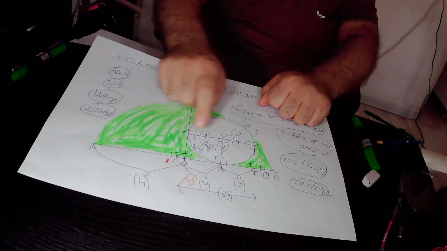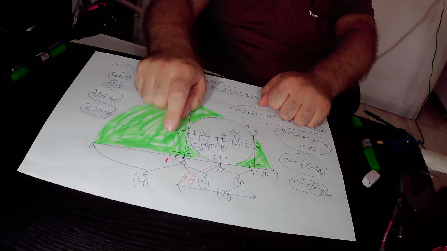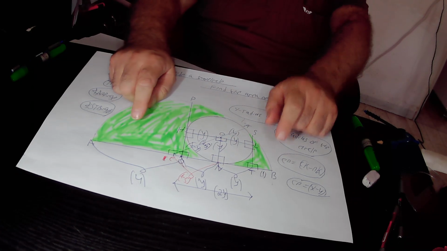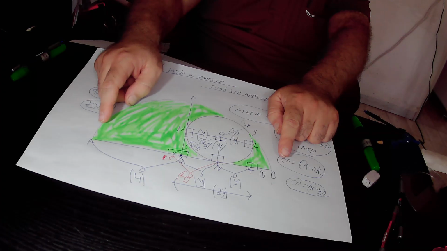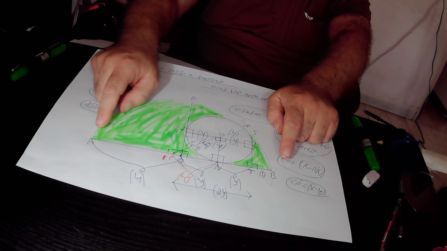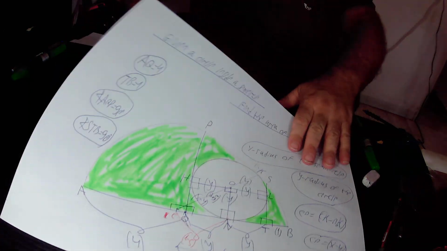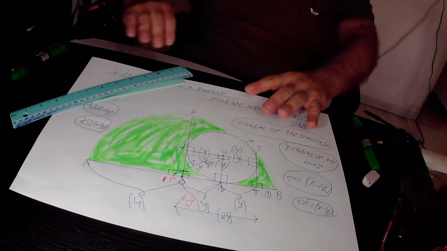The diameter AB is twice as long as the radius, so it is equal to 2x from one side, but from the other side, the diameter AB also equals AQ plus QT plus TB.